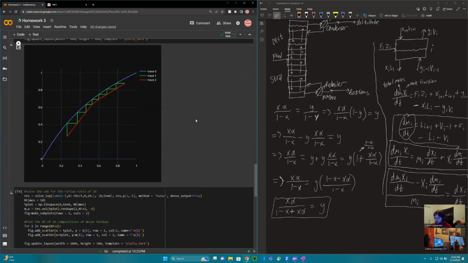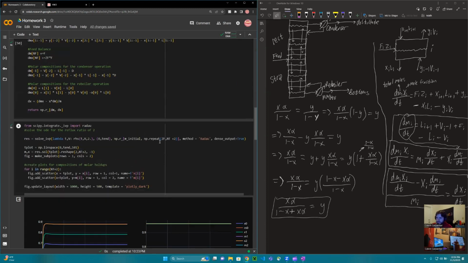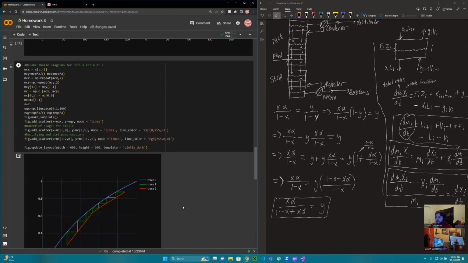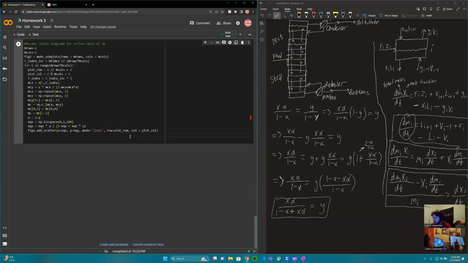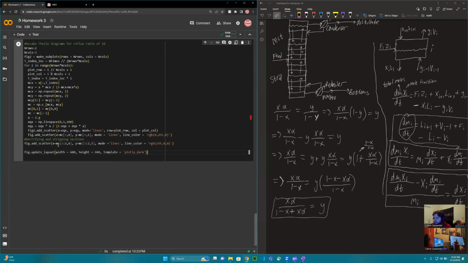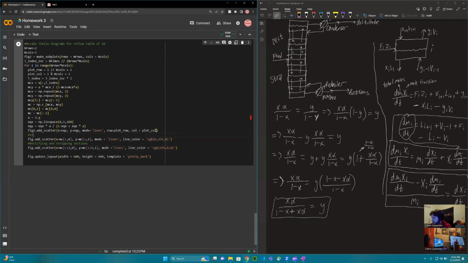So now I'm going to steal the fig add scatter. I'm going to change it to 2. So I'll add it here. It's actually going to be tabbed over. Okay, so this is going to be stripping.